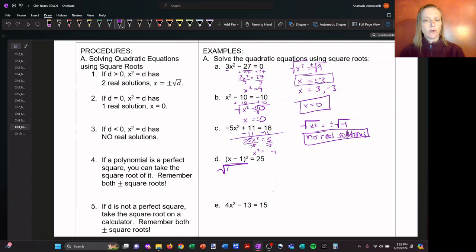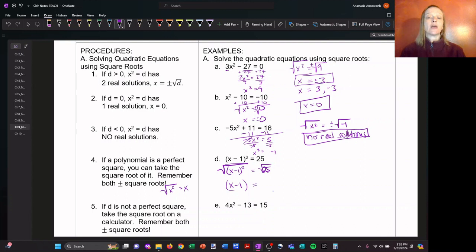If I take the square root of (x minus 1) squared, remember, if you take the square root of any term squared, that just equals the term that you square rooted and squared. So here, if I take the square root of both sides of the equation, the left side is going to give me x minus 1.